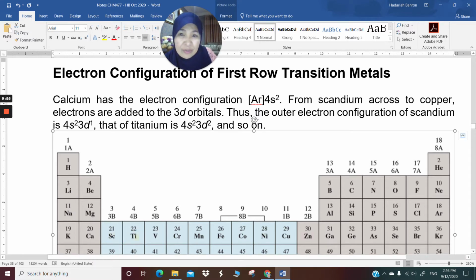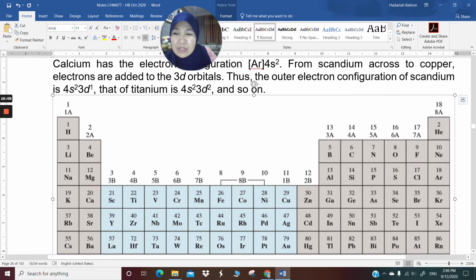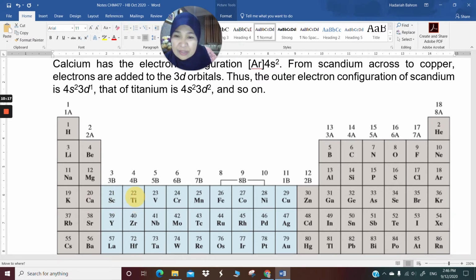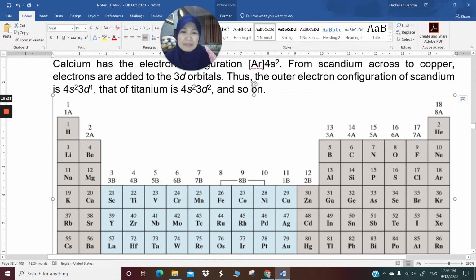Titanium is 4s2 3d2, vanadium 3d3, chromium 3d4, and so on and so forth. So as you move along, this is argon 4s1, argon 4s2, argon 4s2 3d1, 3d2, 3d3, 3d4, and 3d5. Okay.